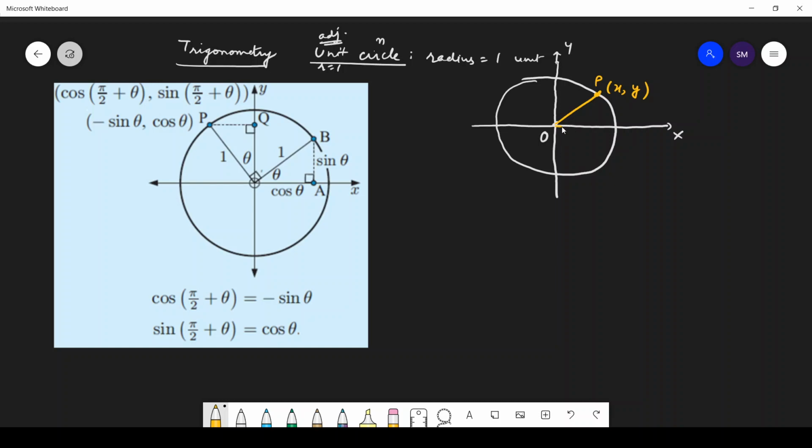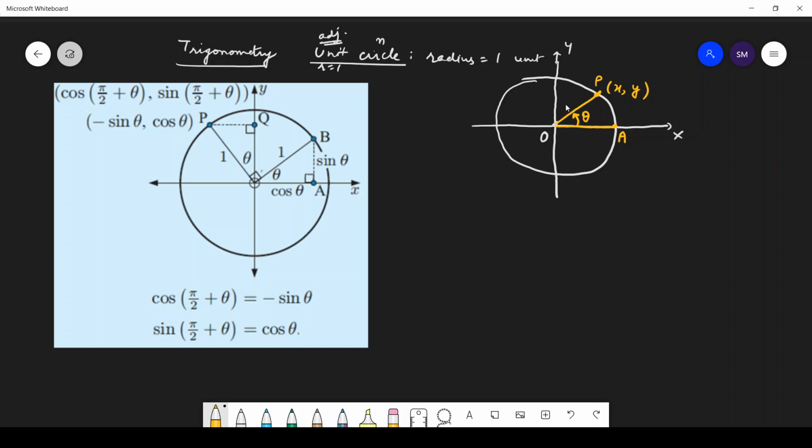Or you can say that I had this initial arm, this is OA, and I have rotated it with angle theta. So this OA reached here at this location. Now I want to write these coordinates in terms of theta.